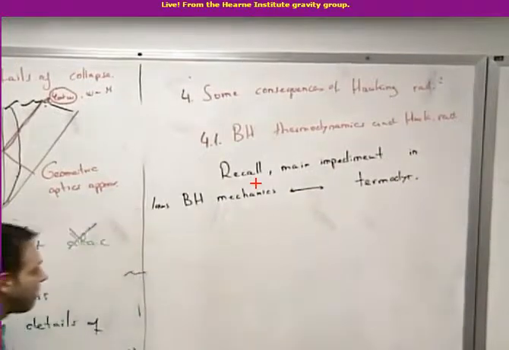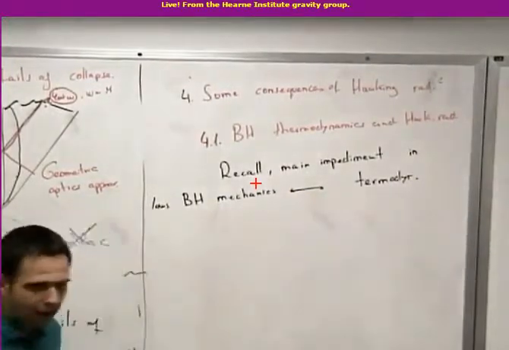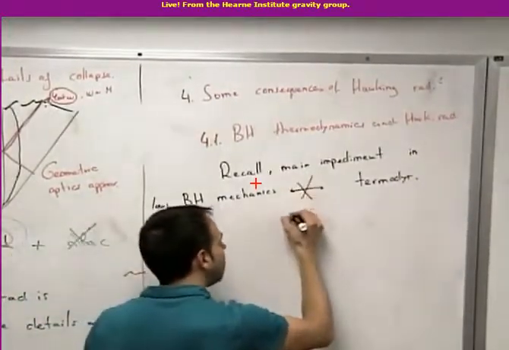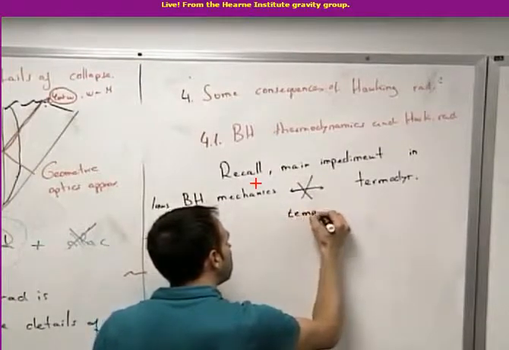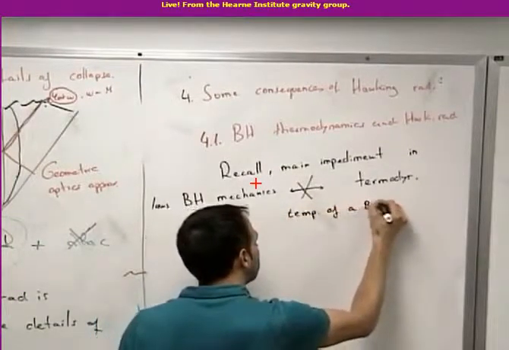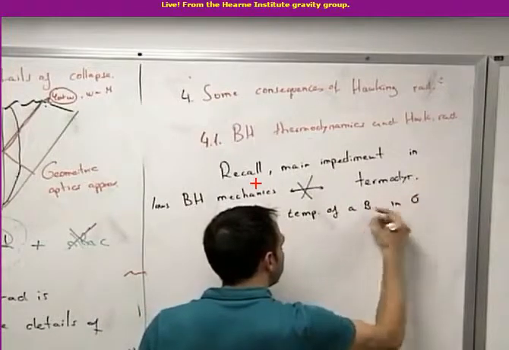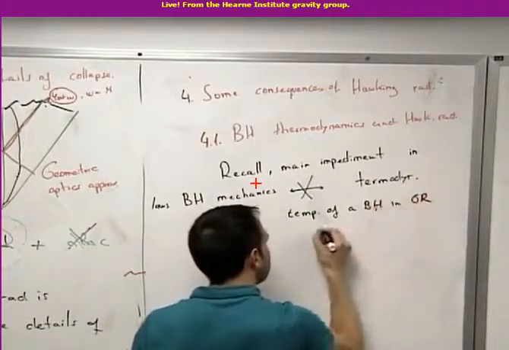The main impediment in making this a physical analogy was that the temperature of a black hole in GR is exactly 0.